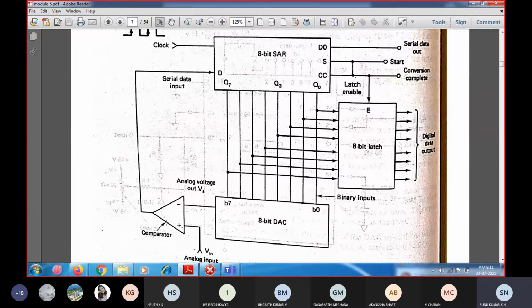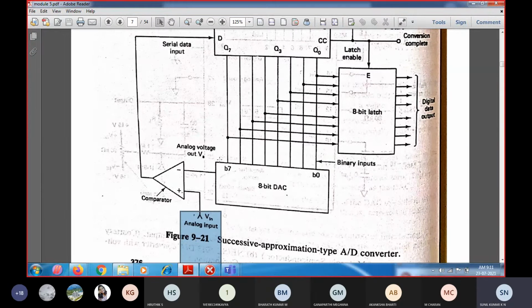The comparator compares the unknown analog input voltage with the analog voltage converted from the 8-bit input, which is nothing but the digital to analog converter. That analog equivalent voltage VA is compared against the input voltage.